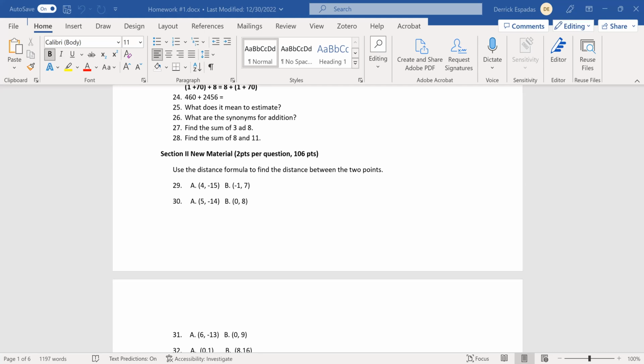So we start off with x2 minus x1. Awesome. And then y2 minus y1. Go back to your little arithmetic. 10 minus 2 is 8. And then we're going to look at 18 minus 3, which is 15.